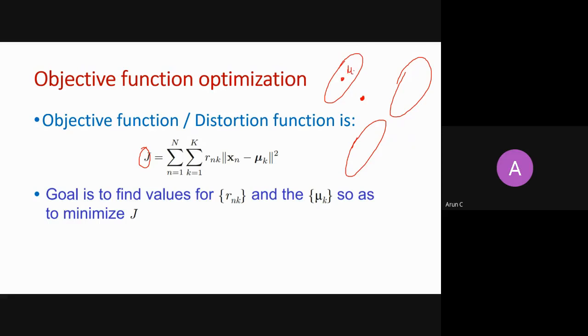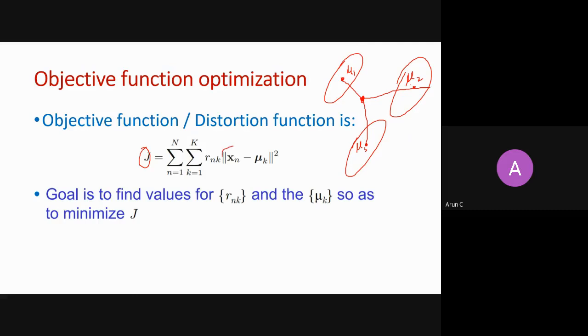Let's say this is mu1, this is mu2, this is mu3, a representative or prototype vector. Sometimes we say it as a centroid also. Just to assign this new x to a cluster, I will see which is nearer to this point, whether this distance is smaller, or this distance, or this distance, right?